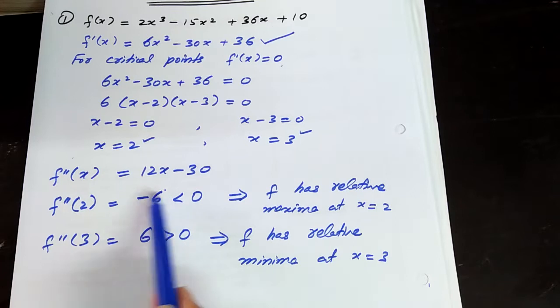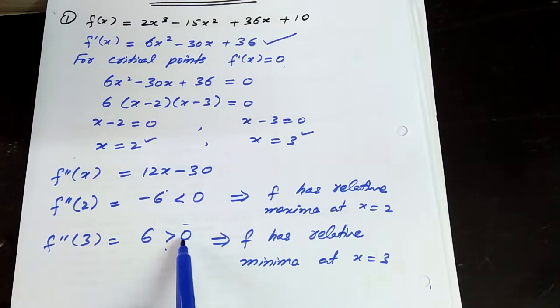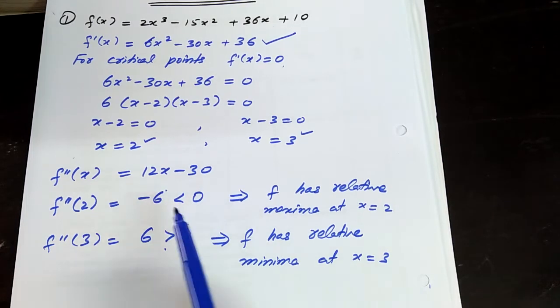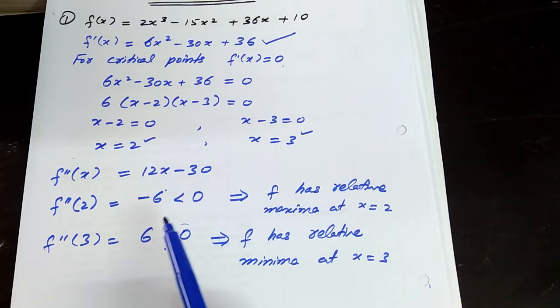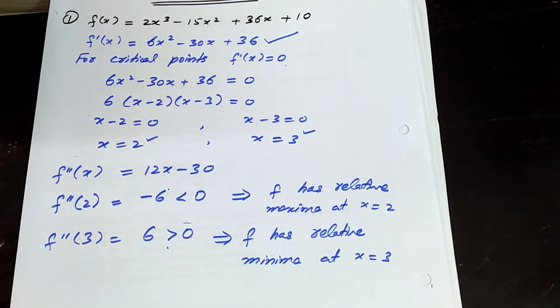If the answer is less than 0, then you have the relative maxima. If the answer is greater than 0, then you have the relative minima. If unfortunately it equals 0, then no conclusion can be drawn from here, and you will write that it is a point of inflection. So now move on to the second question.